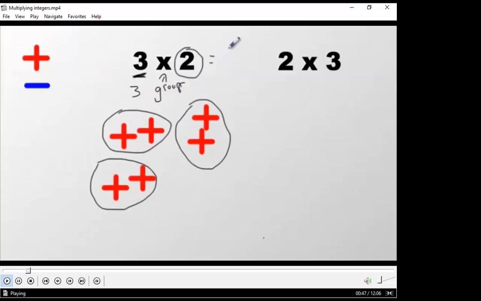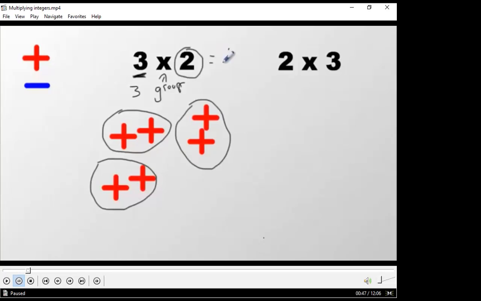How many groups do we have in front of us in this question? 3. From where do you know the number of groups? From the first number. The first number helps us know the number of groups. The second tells us how many are in each group.